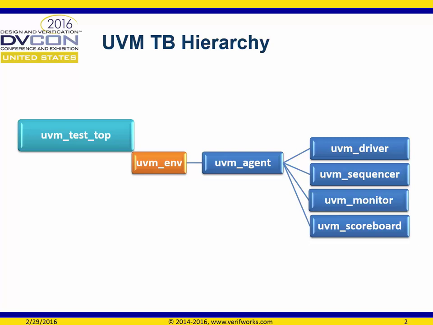In order to begin, we look at a typical UVM test bench hierarchy, wherein you have the test, called UVM test, which instantiates an environment, which instantiates an agent. The agent itself has a driver, sequencer, and monitor hooked up to it.